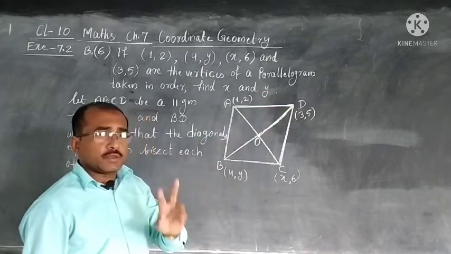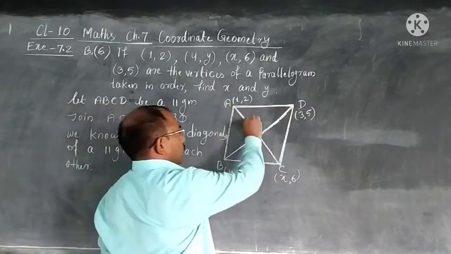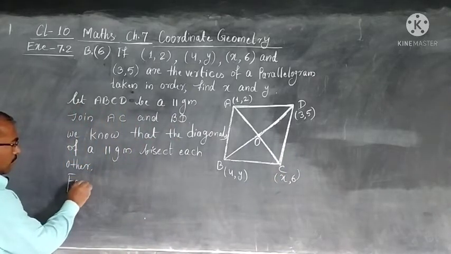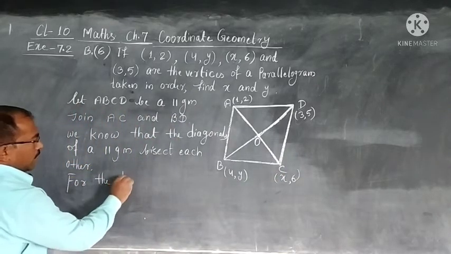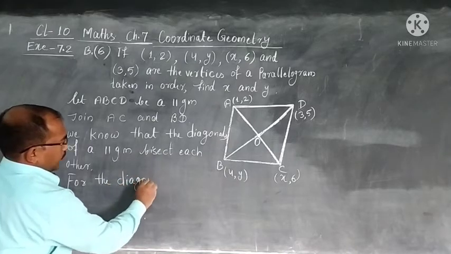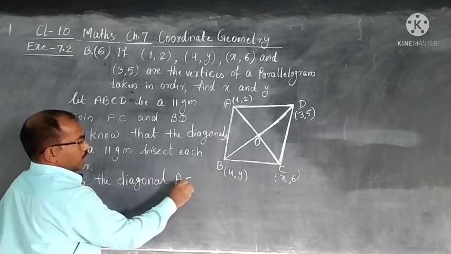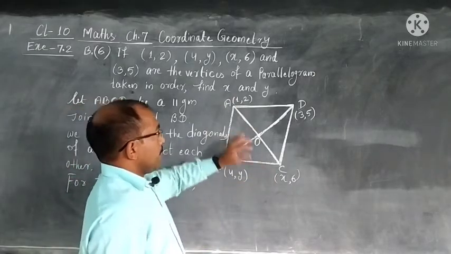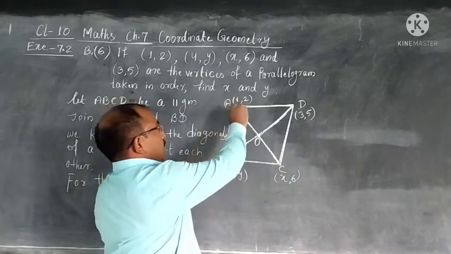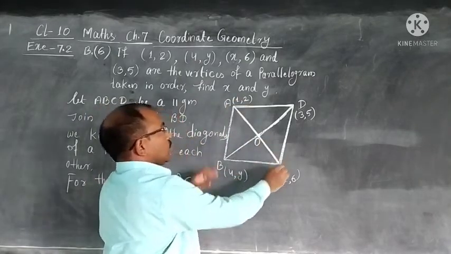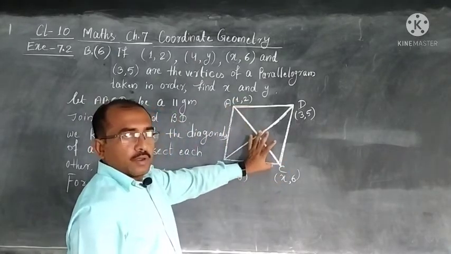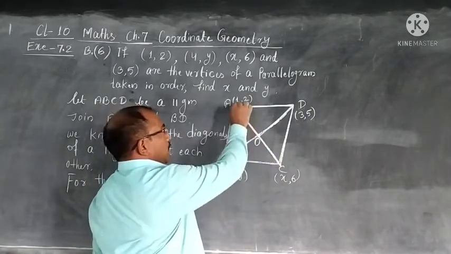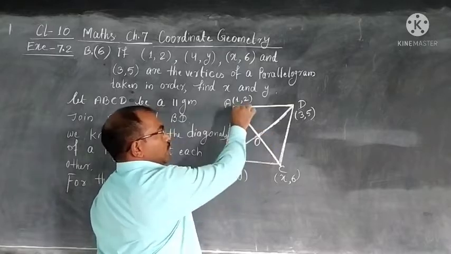How many diagonals does it have? Two diagonals. So we will work first for one diagonal, the diagonal AC. When we work for the diagonal AC, this is the line joining two points. We will use the section formula, with (x1, y1) and (x2, y2), and the point O is on this line.